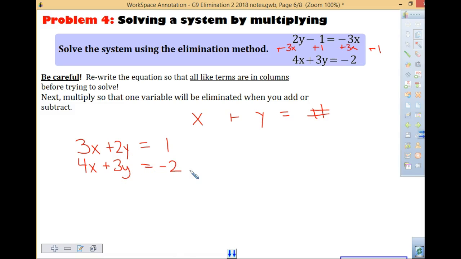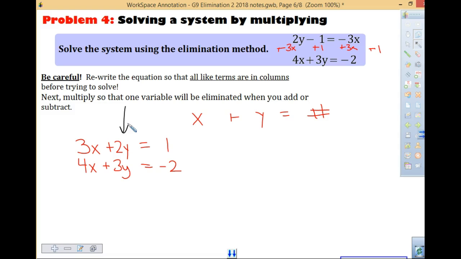And this is the part where someone says I want to eliminate the x, and someone else says I want to eliminate the y. It does not matter. You just have to choose. Okay, so Ella, you're going to help us choose which variable do you want to eliminate. Y. I'll go with y.